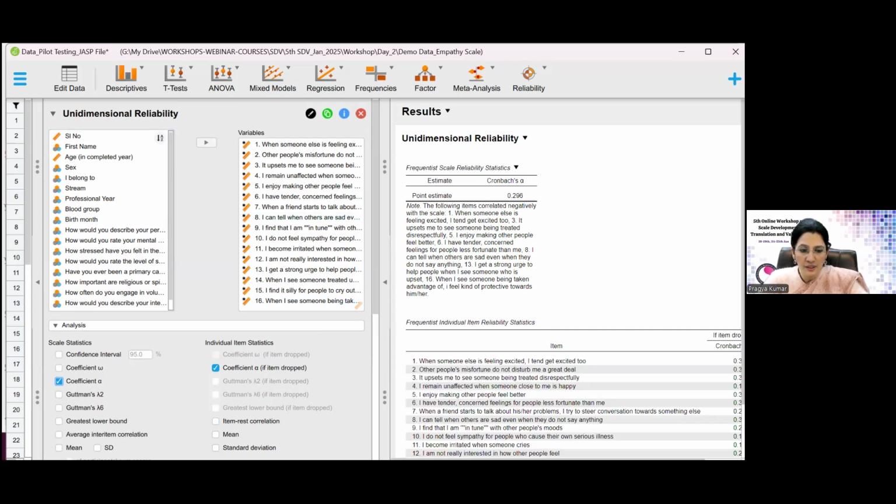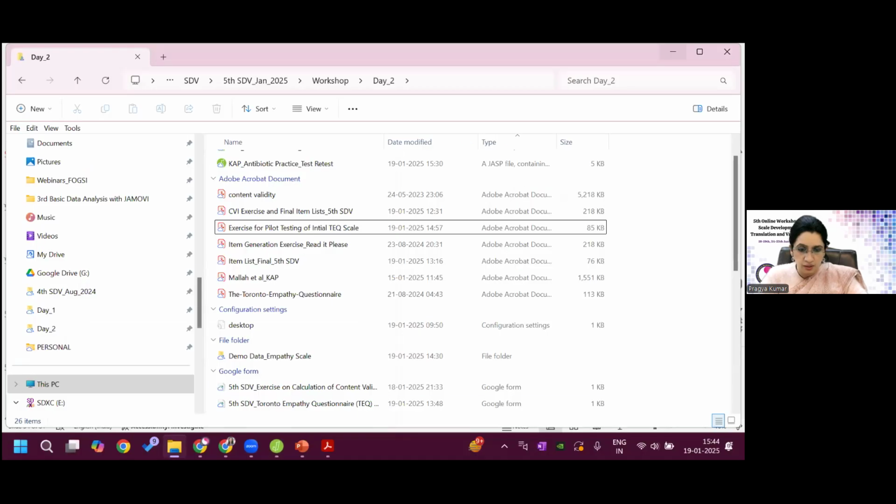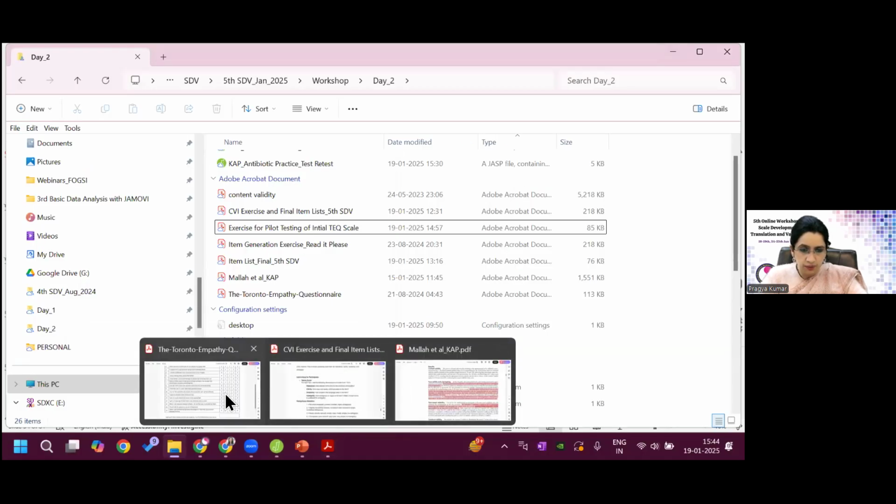So right now you can see that it is very low. What is the value of this Cronbach alpha? It is 0.296. And it is saying that there are items which are negatively scaled. So now you have to go to the original scale. So this is my original Toronto empathy scale.